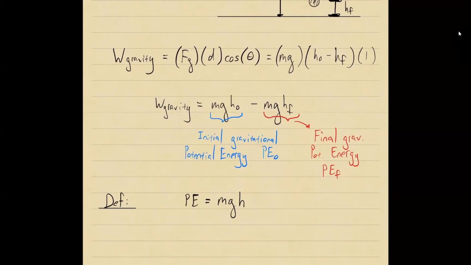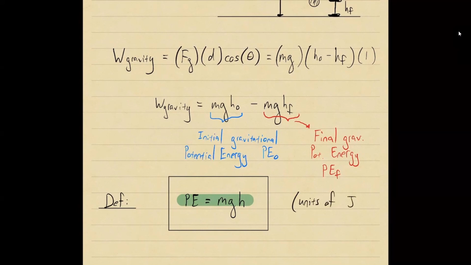Before we talked about kinetic energy, and this is sort of its counterpart, potential energy. If I could just draw a box. There we go. And just like kinetic energy, this is going to have units of joules.